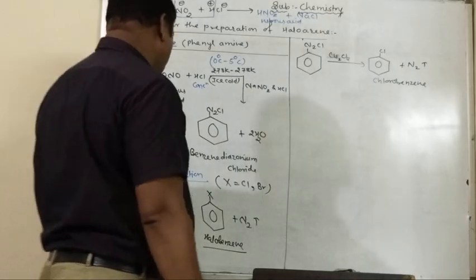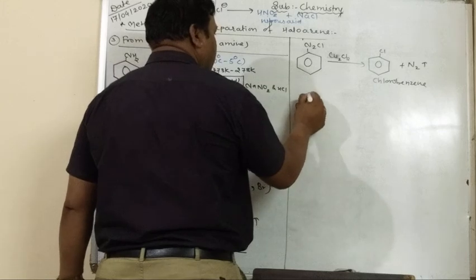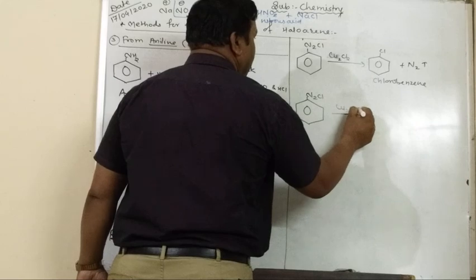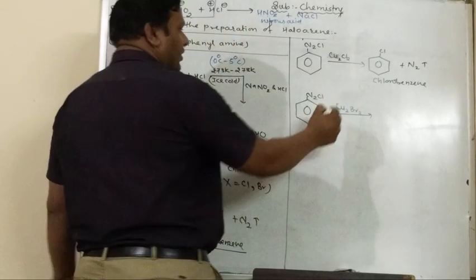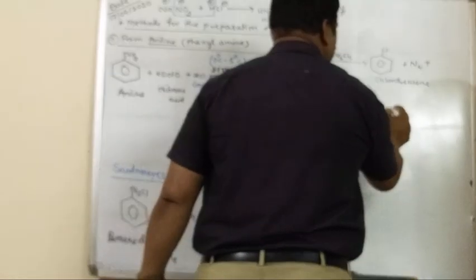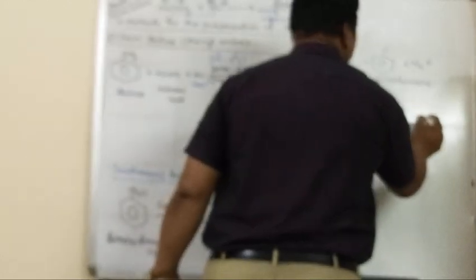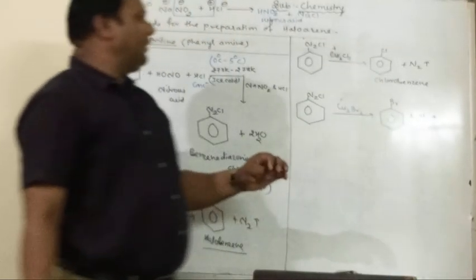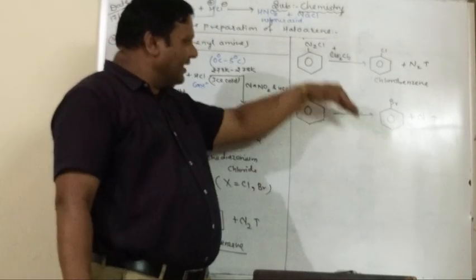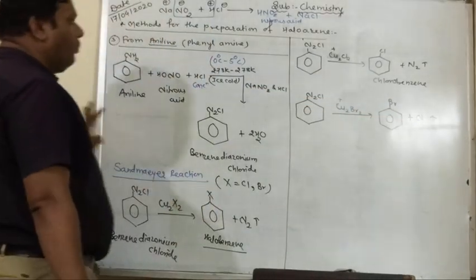If the benzene diazonium chloride reacts with cuprous bromide Cu2Br2, at that time copper carries +1 charge only, so you will get bromobenzene and removal of N2. Again I repeat, benzene diazonium chloride plus cuprous bromide to get bromobenzene. Whatever halide you are taking, the respective haloarene is formed.